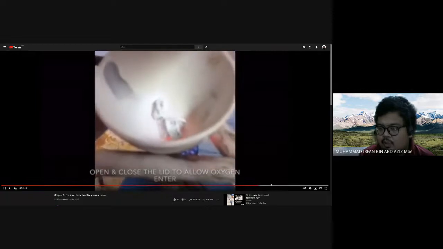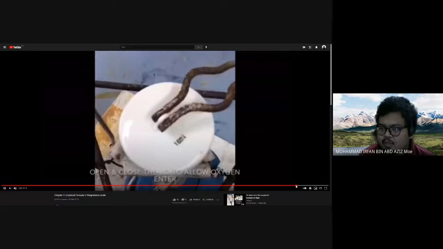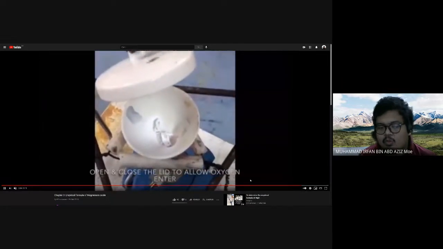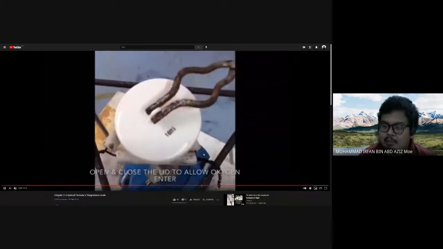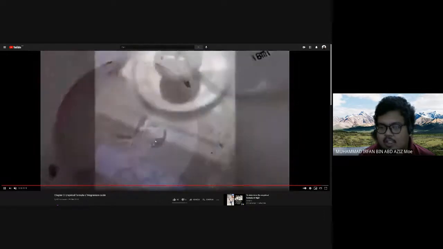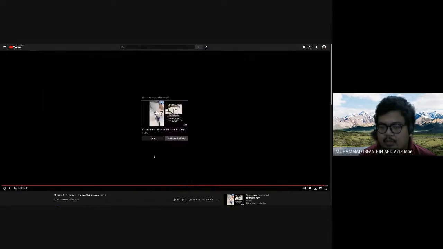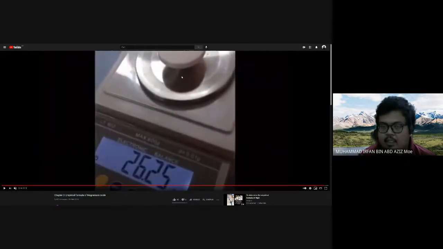Dia akan jadi warna putih macam ni ataupun hitam, tak pasti. Finally, macam mana nak tahu berat dia? Timbang lah. Because berat dia akan bertambah because ada oksigen. Tunjuk last kali. Timbang berat, timbanglah semua sekali tu and then you will get mass of crucible plus lid plus magnesium oxide last sekali.